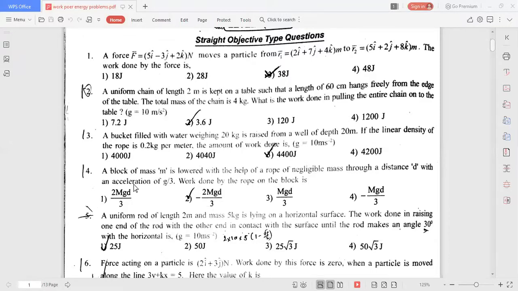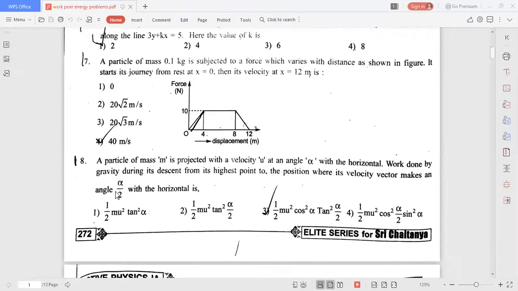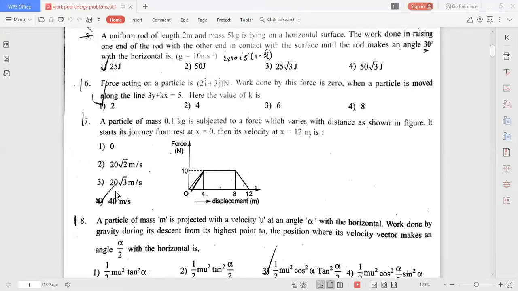Okay, next, sixth problem you see. All of you see the sixth problem. A force acting on a particle is given in vector form as 2 i cap plus 3 j cap newtons.